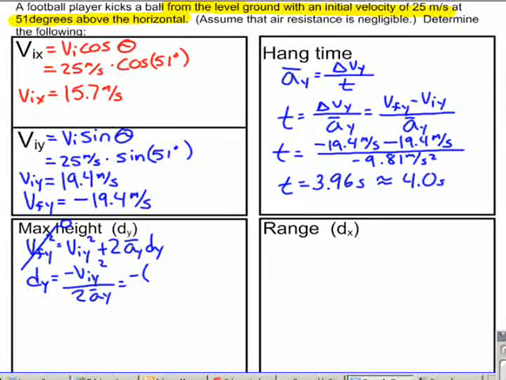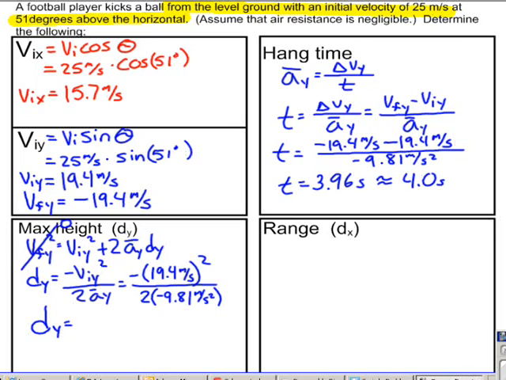Rearranging to solve for d_y and then plugging in the information we've already gathered, where our initial velocity in the y direction was 19.4 meters per second and our acceleration in the y direction is negative 9.81 meters per second squared, we find that our displacement in the y direction, or the maximum height, occurs at roughly 19.2 meters above the height that it was launched from.